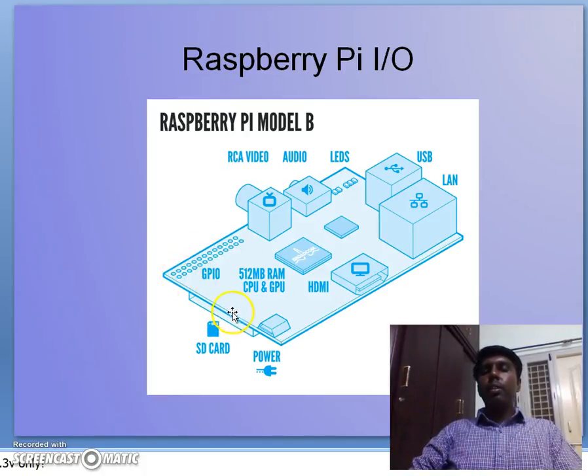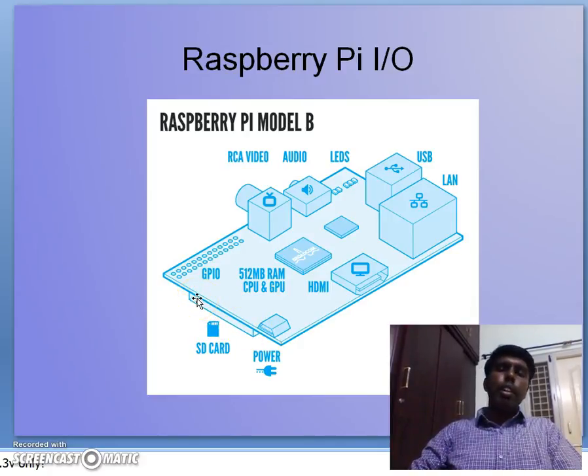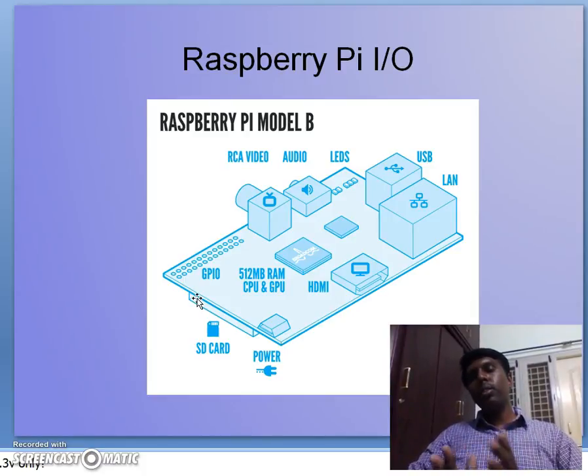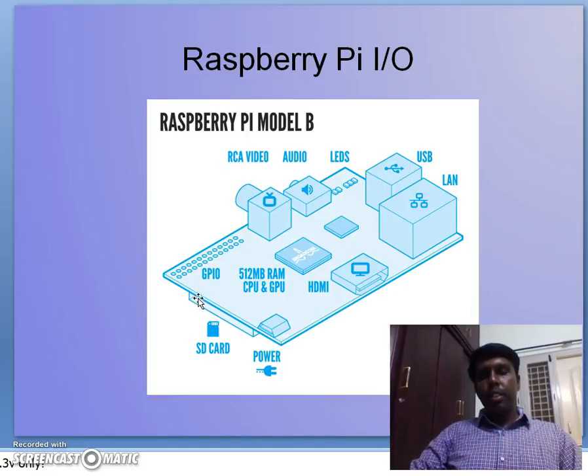And then you have the SD card slot. Any computer needs a hard disk which can store the operating system, but unlike desktop computers, here you don't have a hard disk. Instead you have an SD card.